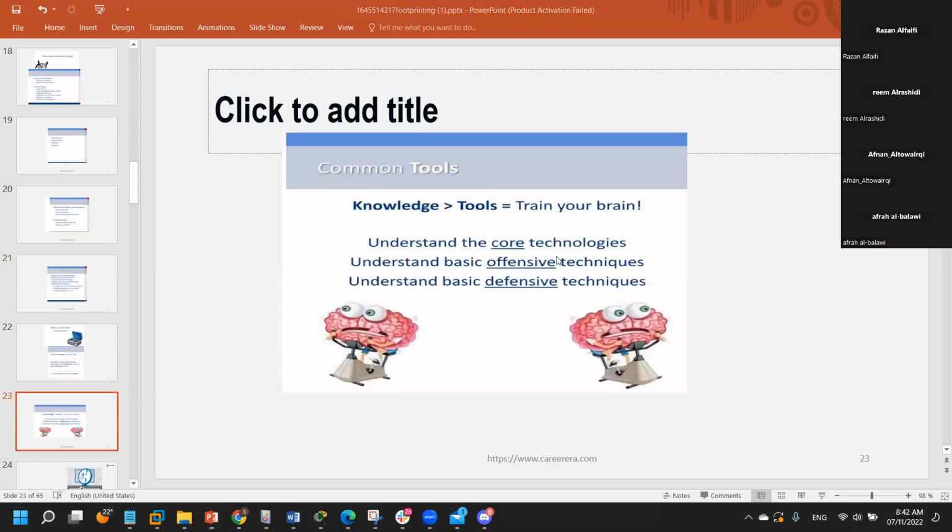So with the knowledge and the tools, you train your brain as an attacker, and then we have real penetration testing. In any career, you need knowledge of Windows operating systems, Linux operating systems, networks, you name it.